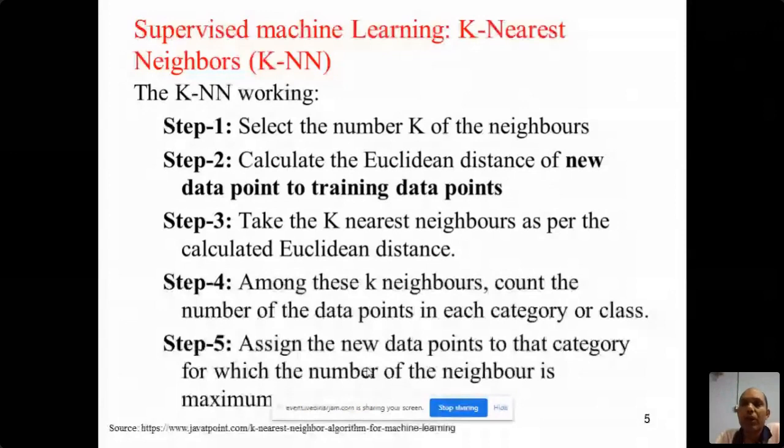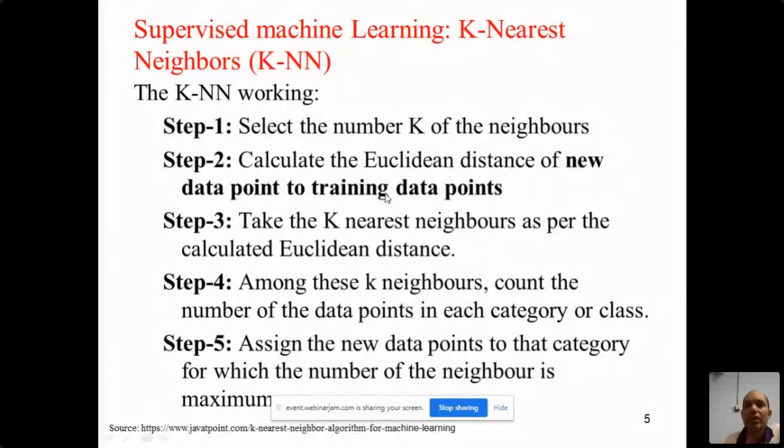Then, whenever a new data point comes to be classified, we calculate the Euclidean distance. Here I am considering one of the distance measures, which is the Euclidean distance. So you have to calculate the distance to each and every data point in the data set. That is step 2.